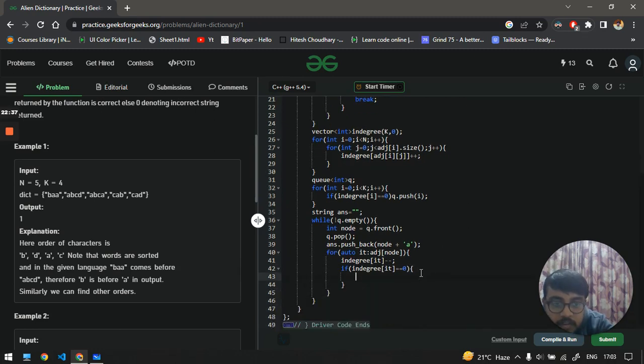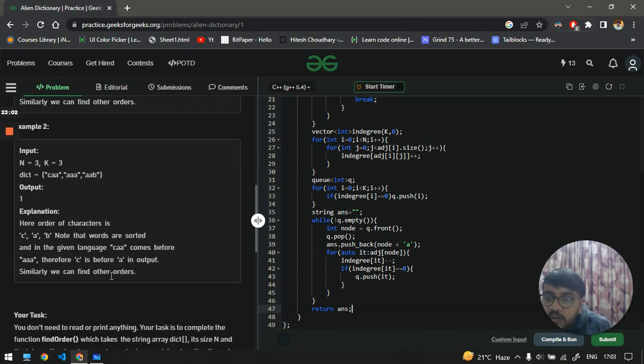If so, I will push that vertex into my queue. When this loop gets completed, it will have the answer in it. The answer will be ready in the same order as in the alien dictionary, in this case BDAC. So I will just return the answer.